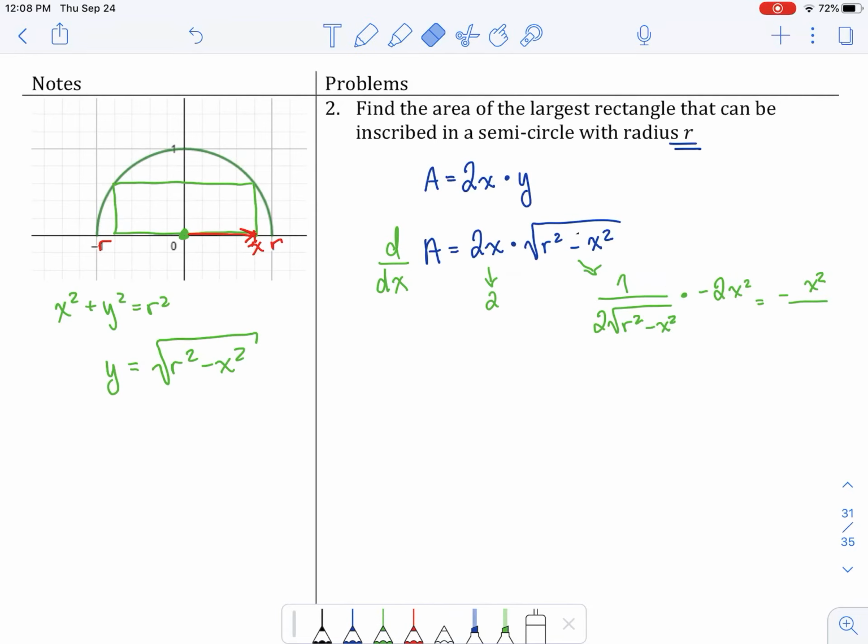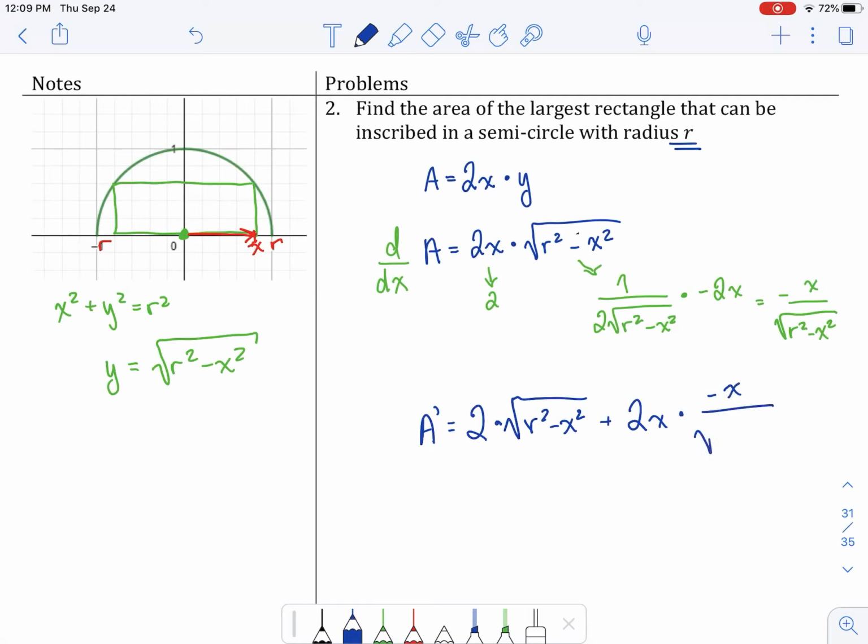Oh, not x squared, I apologize. Let's get rid of that. So now when I take the derivative using the product rule, I get A prime is equal to 2 times root r squared minus x squared plus 2x times negative x over root r squared minus x squared.